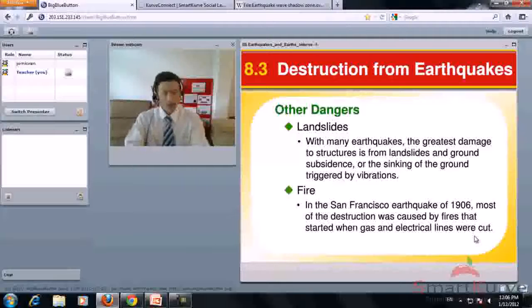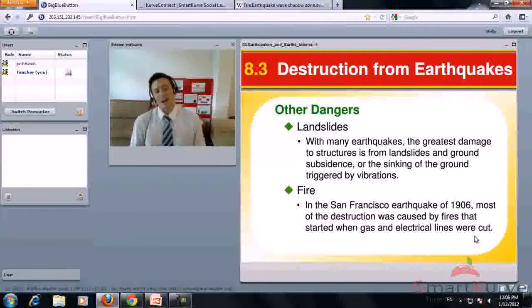When we learned about those P waves, which are like a spring or a slinky, the land moves back and forth in the direction of the wave, and we saw how that can cause power lines to snap. It could cause gas lines to break and rupture.